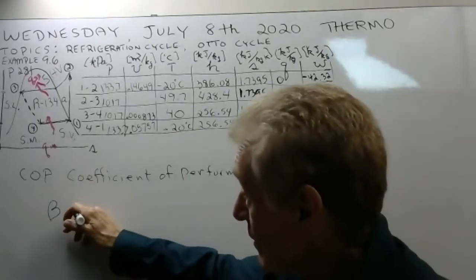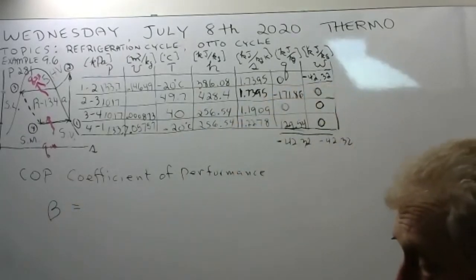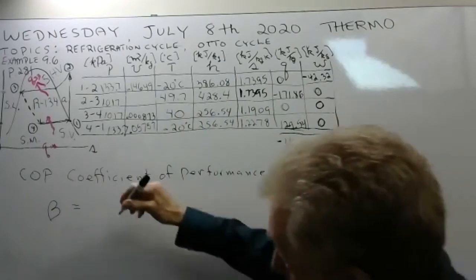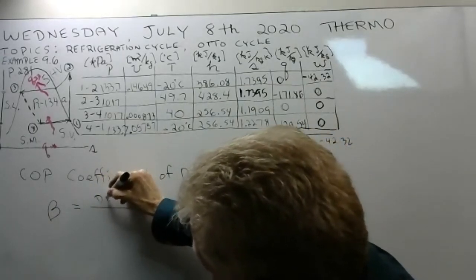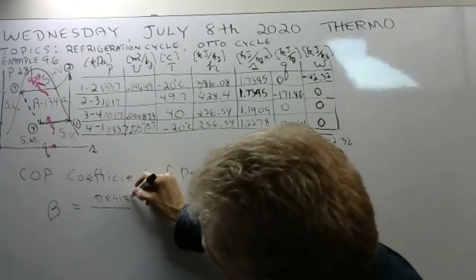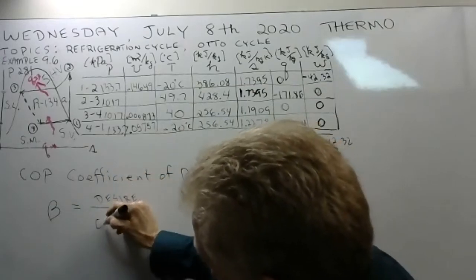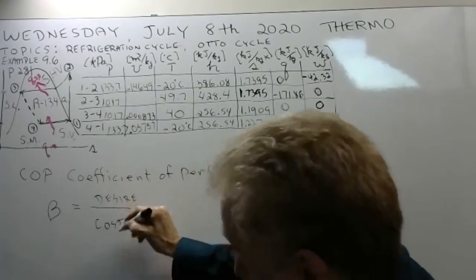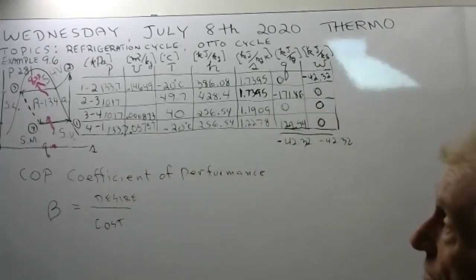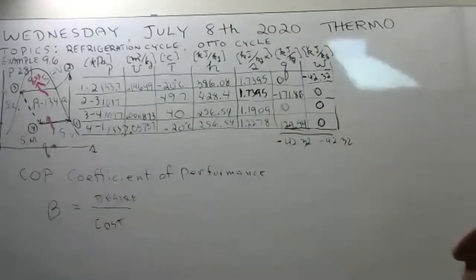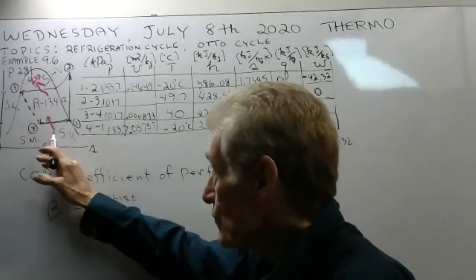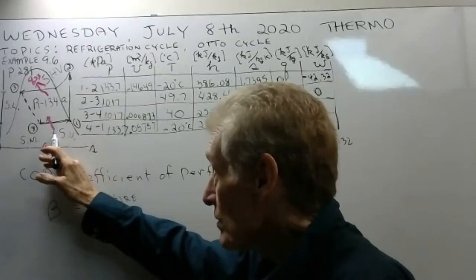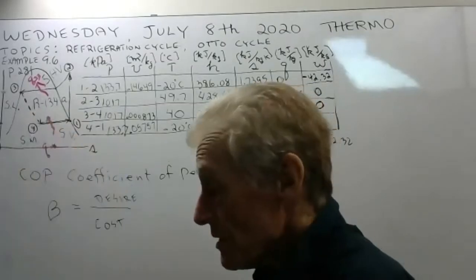And all of these things are a quotient of something you desire divided by something that costs you, usually money. Now, what do you desire? In a refrigerator, you desire transferring heat from your hot dogs to the refrigerant.